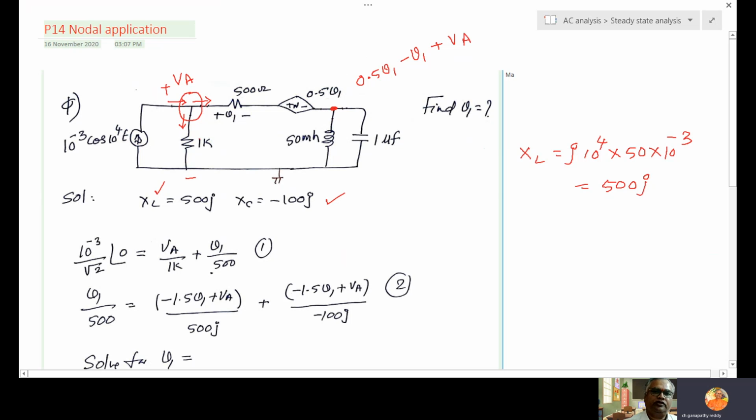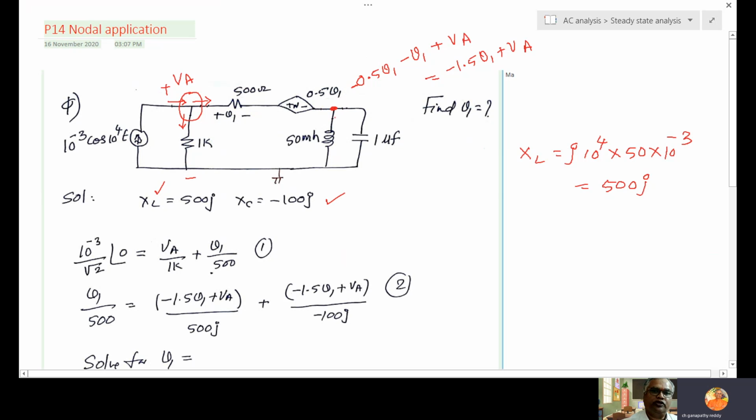So we are starting here, going to ground. It is equal to what? Going from minus to plus now, minus 0.5 V1 minus V1 plus VA. So this is minus 1.5 V1 plus VA.